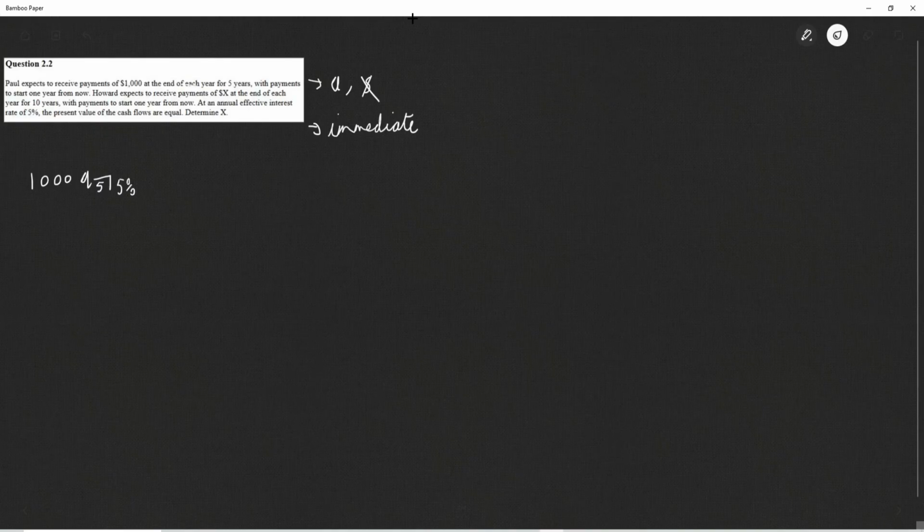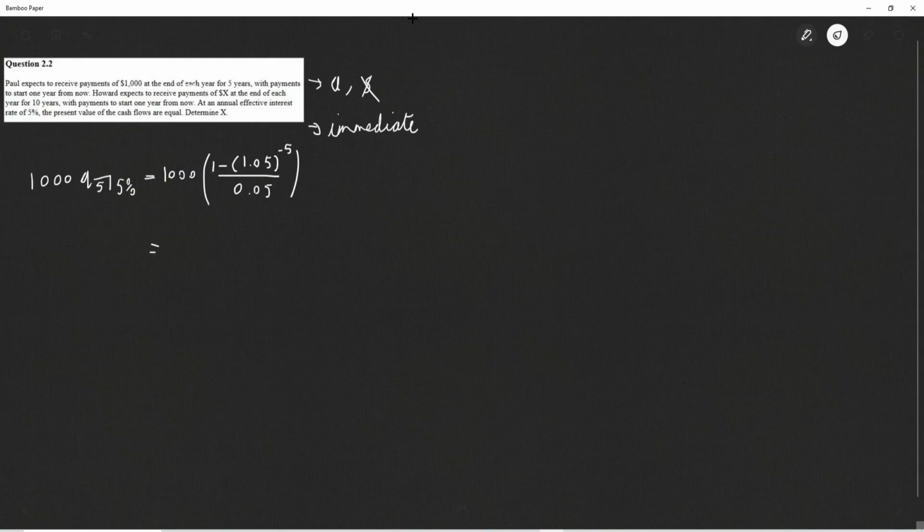Now, we're going to set this equal to our formula solved. So we're going to have 1,000, and our A is really just going to become 1 minus 1 plus our interest, so 1.05, to the power of negative n. So negative 5, all divided by our interest, which is 0.05.